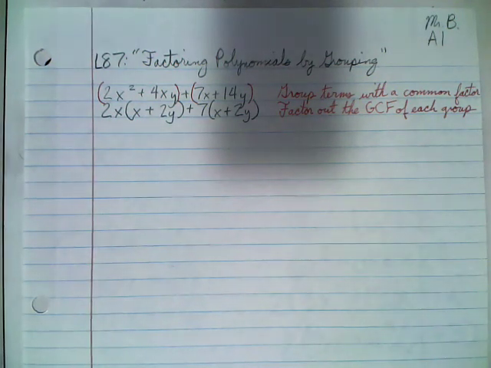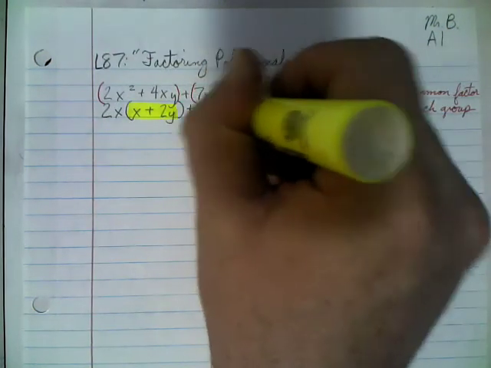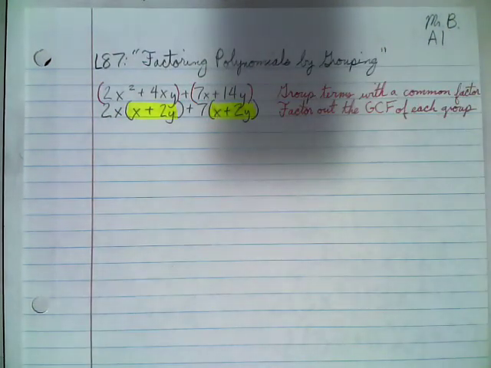This time, no, but it's worth giving it a look. Okay, so real quick, grab your yellow before we move on too fast. But this, when we're using this skill, this is what we want to discover. We want to discover a quantity that is the same in each of those groups or each of those terms.